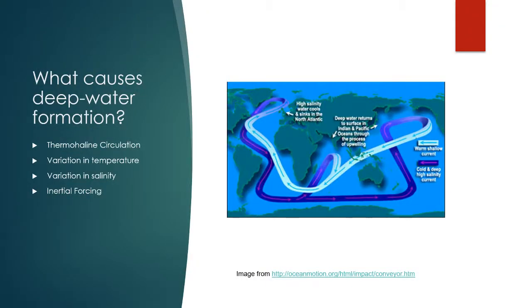So what can cause deep water formation? I briefly touched on it in the last slide, but we'll go into a little more depth here. So the first idea is the thermohaline circulation, that most of the ocean follows this kind of conveyor belt-like idea, with warm water moving up from the equator, where heat brought in from the sun is higher in intensity, and then moves poleward, where it can distribute this heat throughout landmass and through other water.